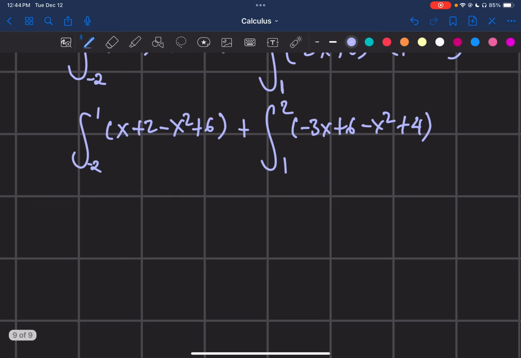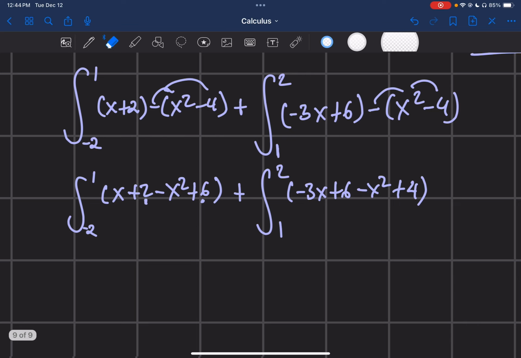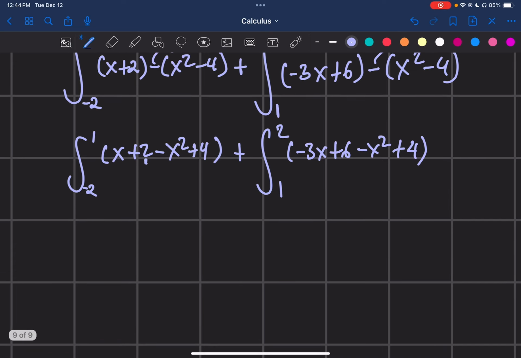Sorry, I skipped ahead, it's plus 4. I can't seem to be doing math properly today. So I continue to simplify this. If I add 2 and 4, I end up with 6.